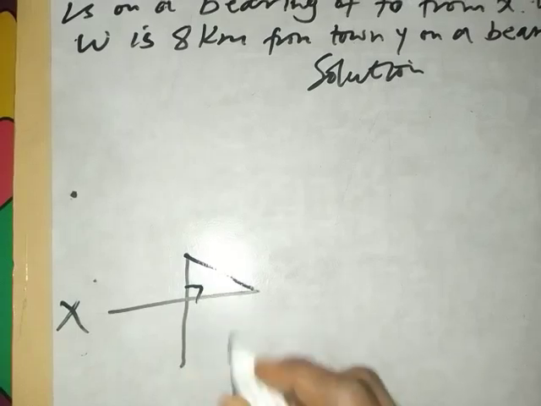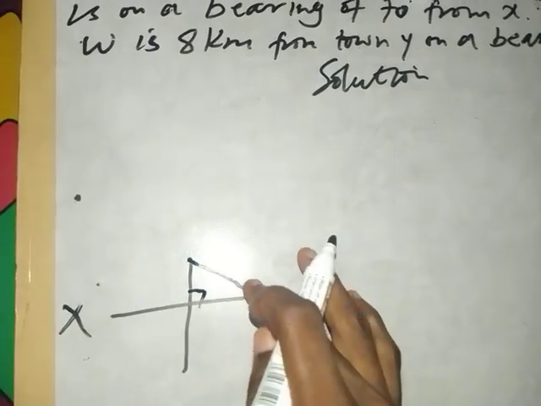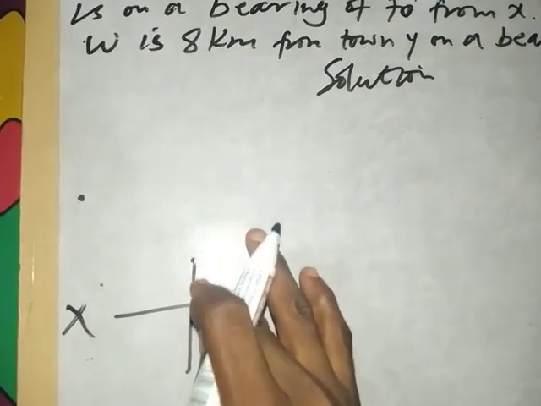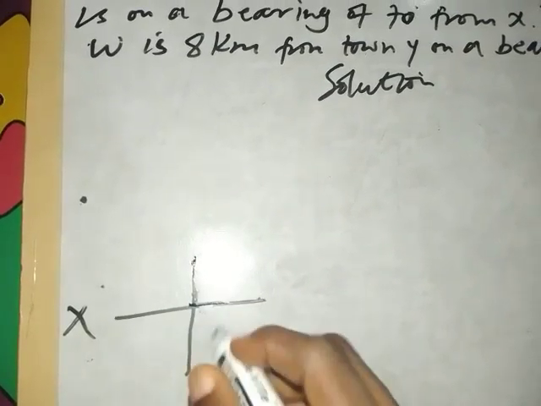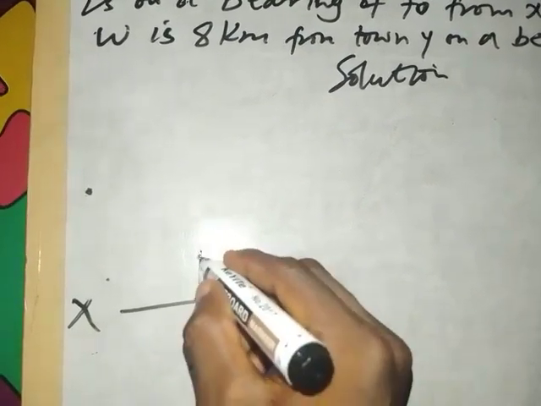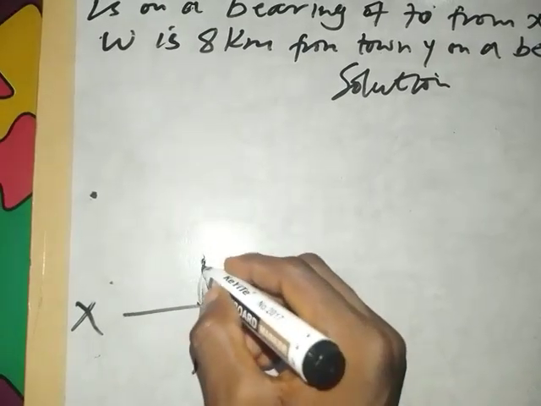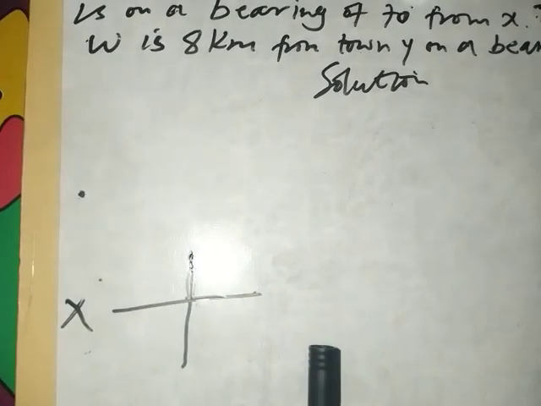So we see this as angle 90, even though it is not drawn. So I'm fishing out 70 degrees from this angle 90.